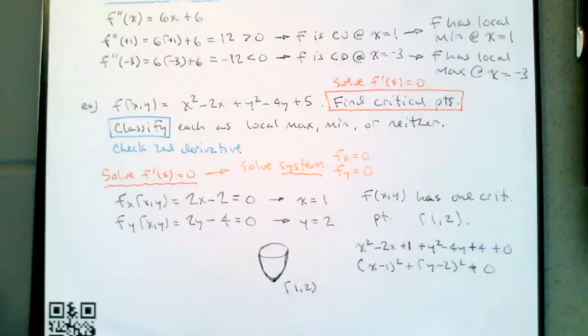Here's the tricky part. Next, I wanted to check the second derivative, but now we're running into a new problem. So here's the part where we would be checking in the second derivative. We would take that point 1, 2 and we would want to check it in the second derivative.